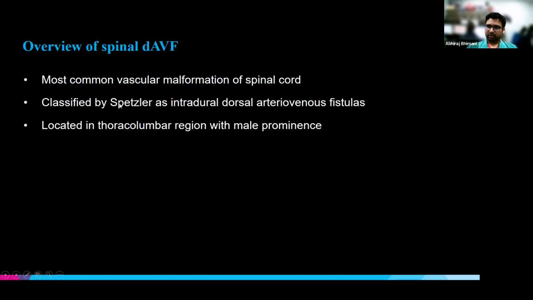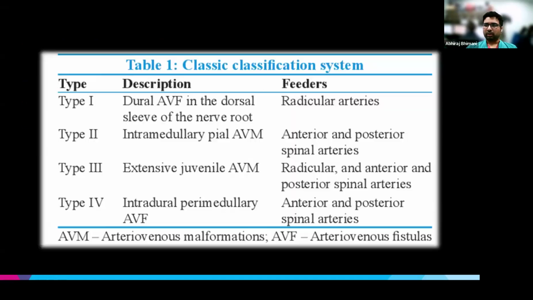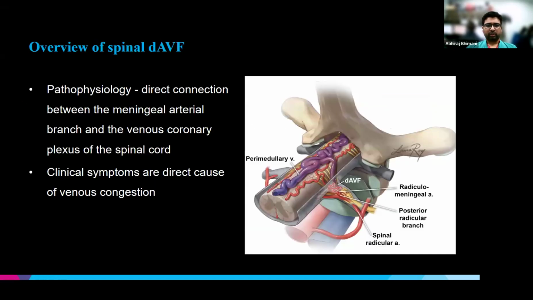There's a Spetzler classification as well that builds on it, and this is classified as a dorsal intradural AV fistula. They're generally located in the thoracolumbar region, and there's a very high male predominance epidemiologically.